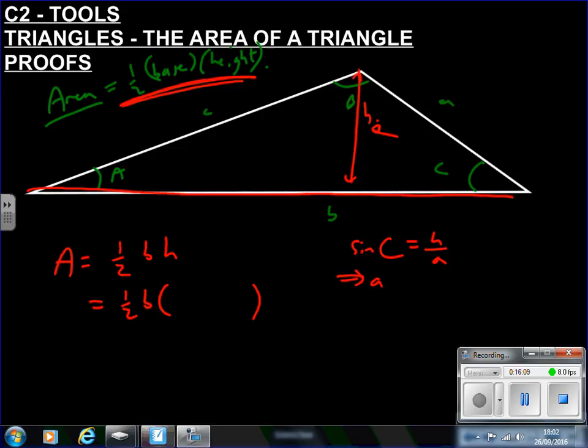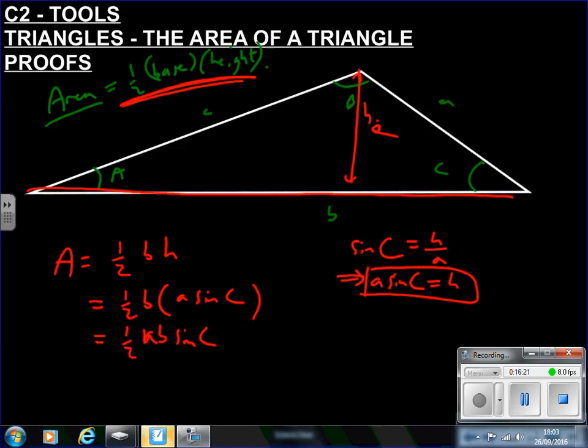And therefore h, if you times that by a, is a sine C. So a sine C. So this is where you get the half AB sine C formula. Half AB sine C. That's your area of a triangle formula. Okay? Fantastic. Now let's just use it a couple of times.